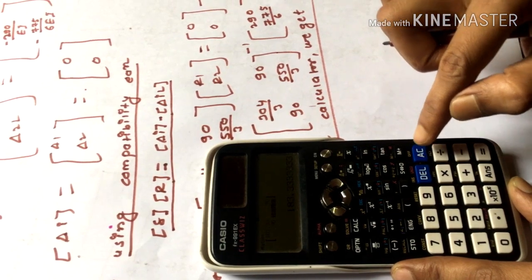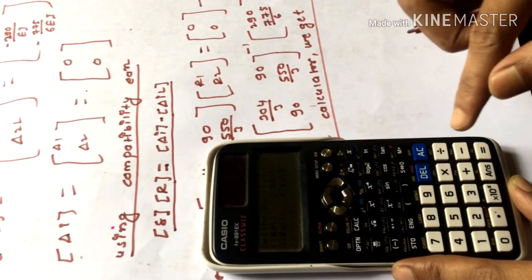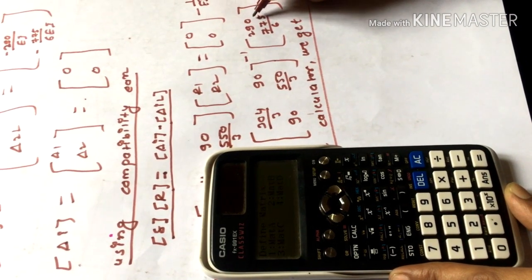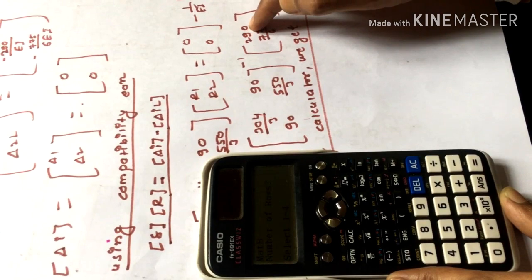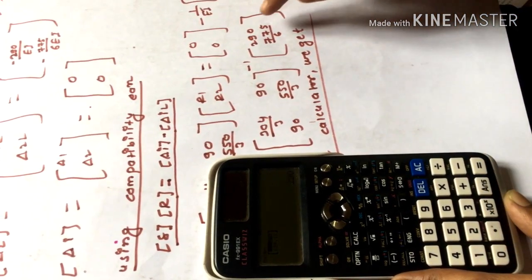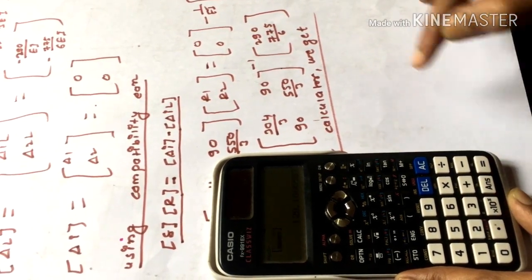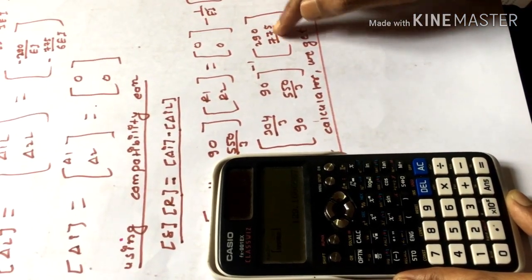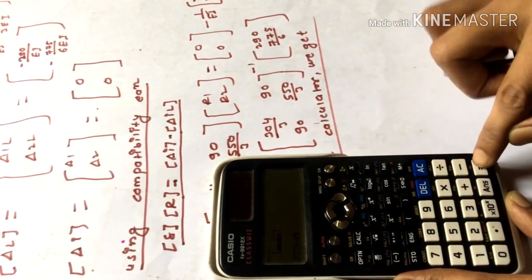Now on clicking AC, let us save this matrix and again go to matrix mode. Let us save this matrix in B, so enter 2. This matrix is 2 by 1, so 2 and 1. Now we have to enter 290, and after that 775 divided by 6.